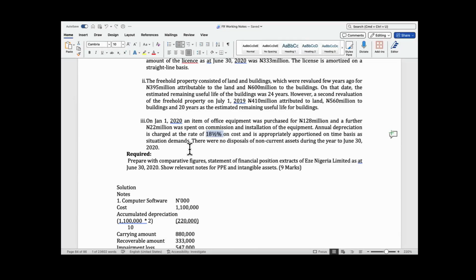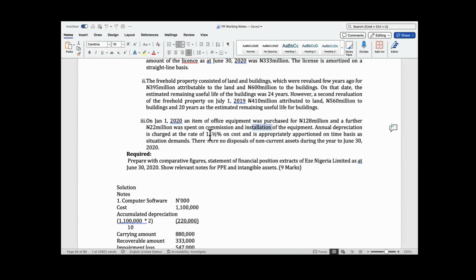Okay, so we bought an office equipment in June for 128 million, and we spent 22 million on commission and installation. So the question is, should we capitalize or expense this 22 million? Yes, we capitalize it because it has to do with installation.